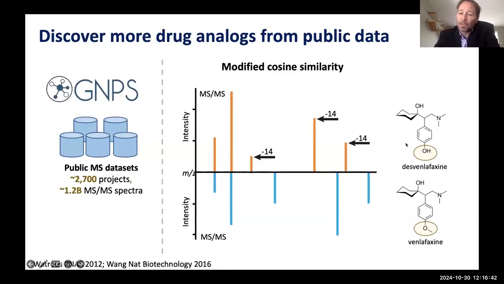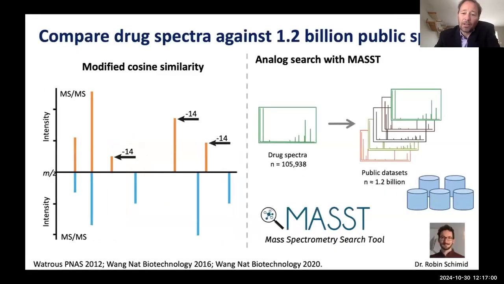And the reason for this is, let's say you have this drug right here, it has a hydroxyl group and it gets methylated, or the other way around, demethylated. The signature itself should show up having a 14 Dalton difference. And so we can now basically say, okay, we're going to do an analog search with those 105,000 reference spectra against these public data sets that are present in the GNPS MassIVE ecosystem.